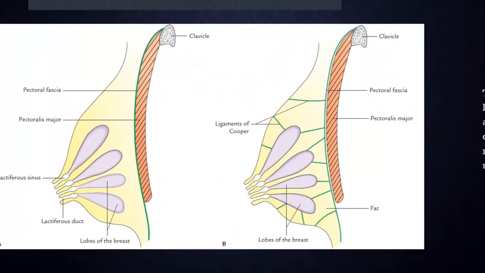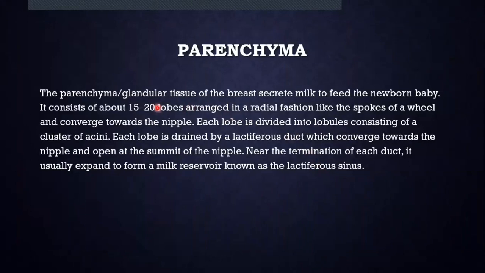Okay, now let's look at the parenchyma. Now, the parenchyma, or the glandular tissue of the breast, secretes milk to feed the newborn baby. It consists of about 15 to 20 lobes, which are arranged in a radial fashion like the spokes of a wheel. You see those spokes of a bicycle wheel, how they are arranged in a radial fashion. That is the same way in which the lobes are usually arranged, and they converge towards the nipple.